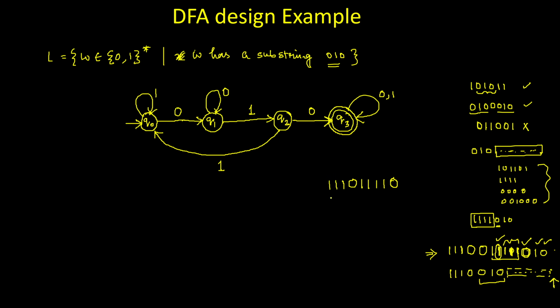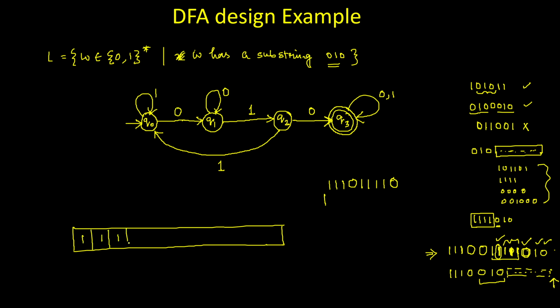Before that, let's elaborately draw it. Take a situation something like this: 1, 1, 1, then 0, then again 1, then 1, and then 0. Now assume that we are here.